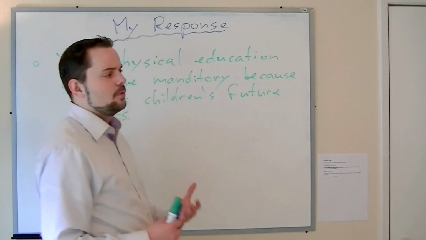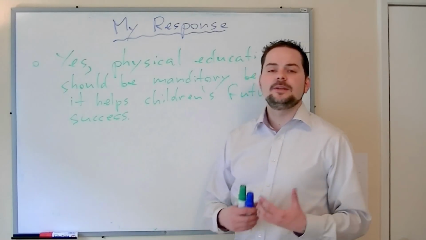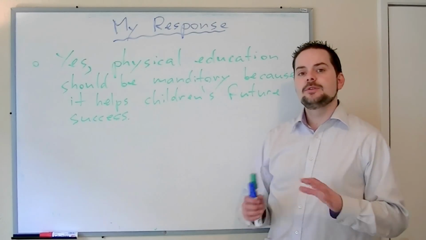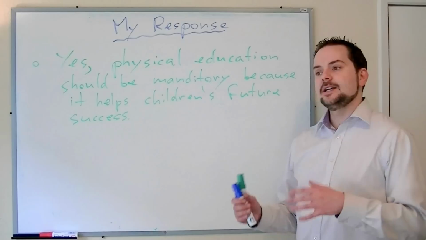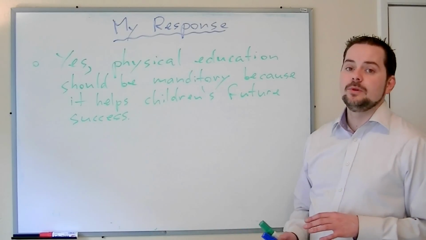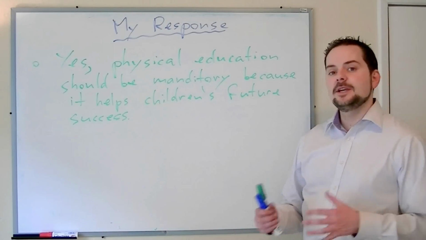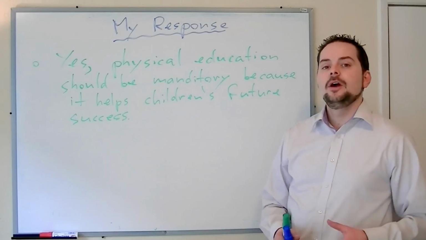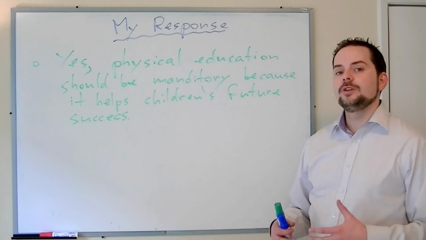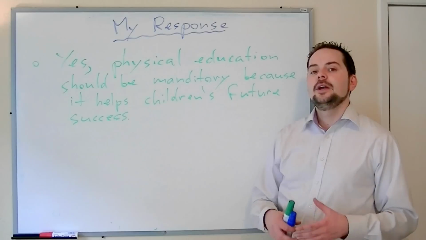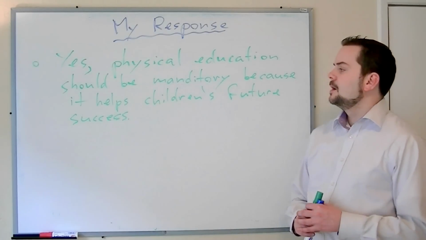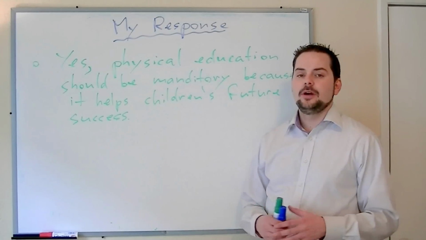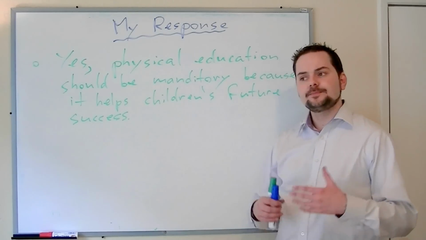Just one more important point. You'll see that the task 2 question on the IELTS is sometimes a little bit different. So sometimes it asks you, which do you agree with? In this type of question, you should just choose the side that you agree with, create a couple of clear points of why you agree with it, and that's what you need to use. Some other questions ask you to discuss both sides of the argument.